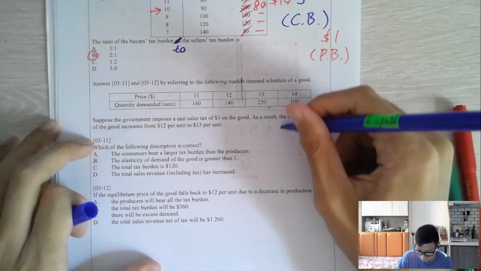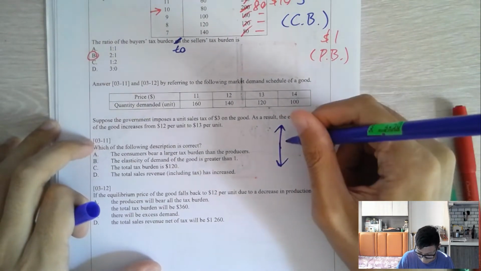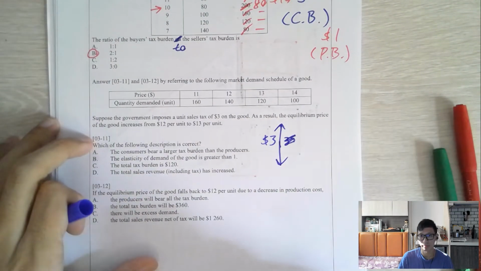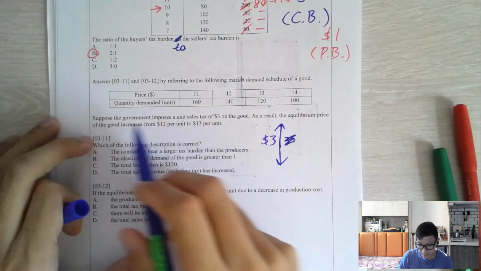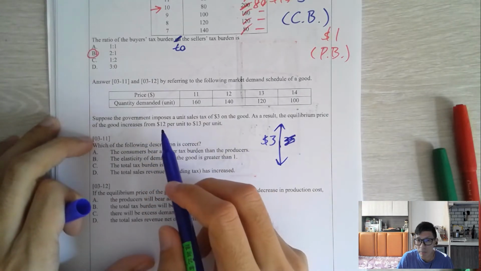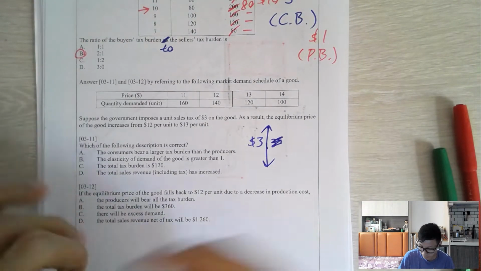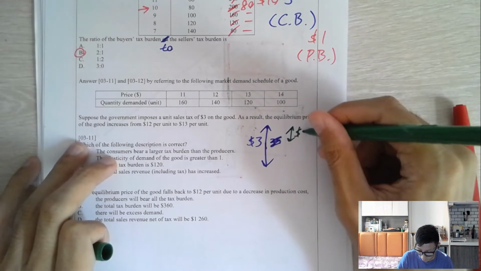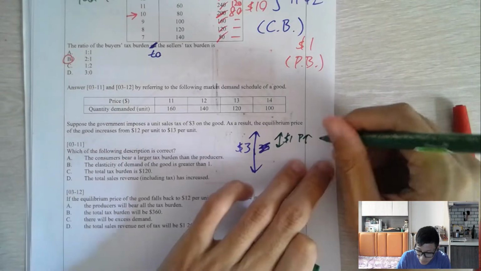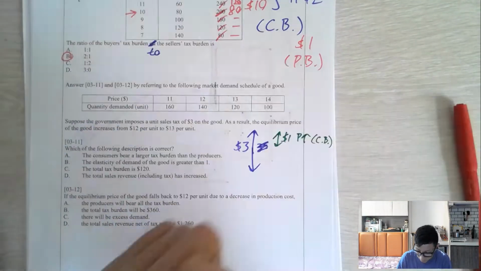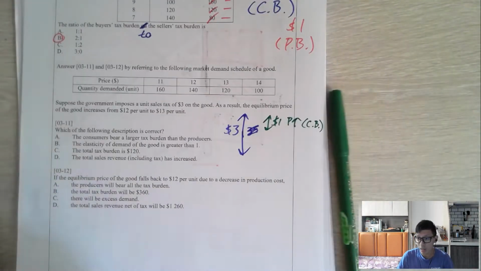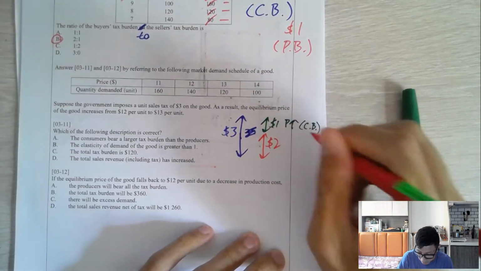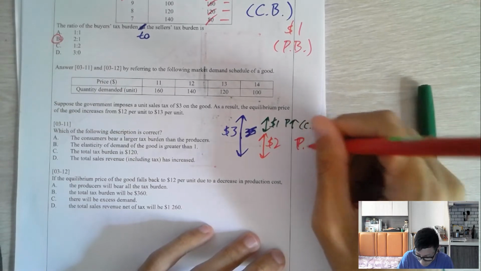We know tax $3. $3 tax. As a result, the price increased from 12 to 13. What does that mean? It means that $1 price increase. This is consumer tax burden. 喂，咁剩翻2蚊咩嚟㗎？The rest of these $2 would be producer tax burden.